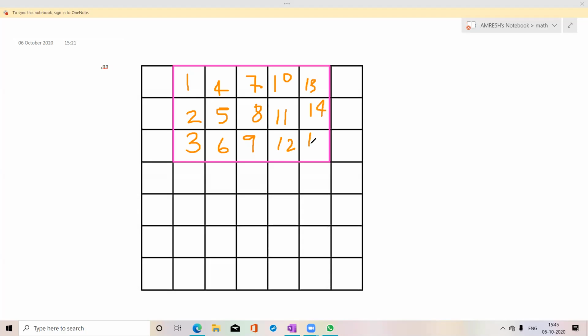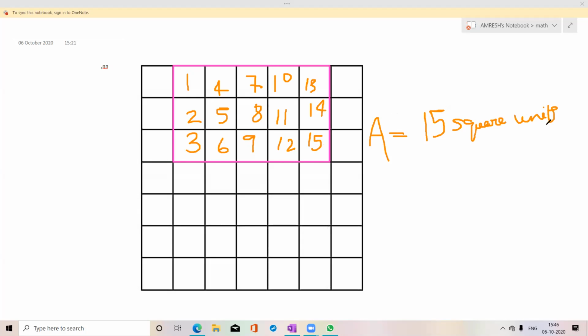So how many squares are there in the given rectangle? 15 squares. So area will be how much? A means area. Area is how much? 15 square units.